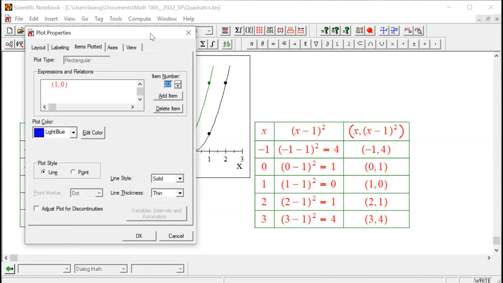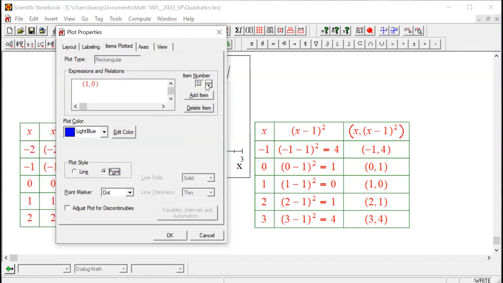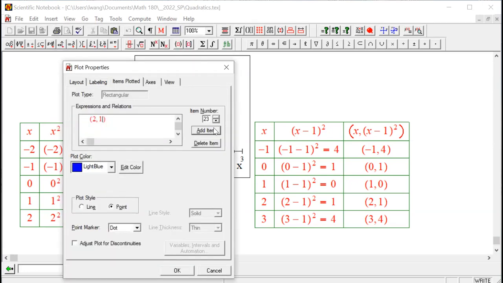So 1, 0. Where's 1, 0? Oh, yes, there you go. 1, 0, 0, 1. There's a need for a dot. That's why. Negative 1, 4, and add one more point. 2, 1. Sorry about that. 2, 1, 3, 4.